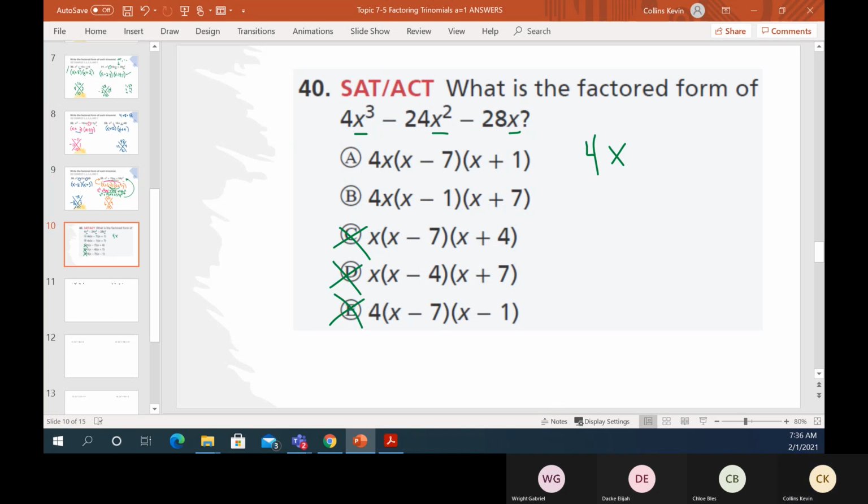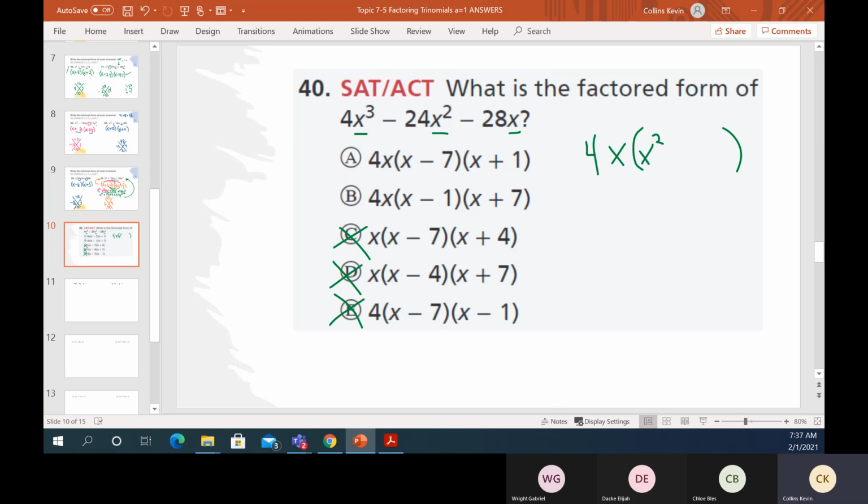Okay. So now if we factored that out, you think it's A? Okay, well, let's see. I think you might be right, but let's check it out. So if we factor that stuff out, if you take 4x to the third and divide it by 4x, you get x squared, right?